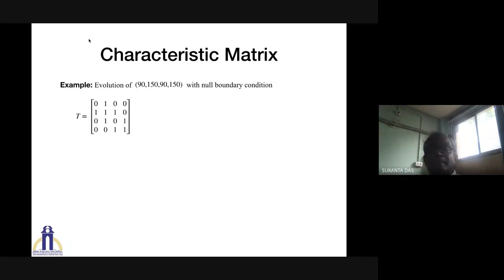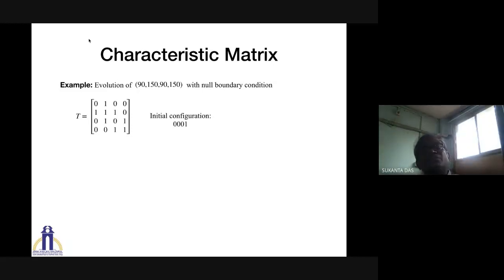So here, this is my T. Now you take any configuration. Here you note that if you take all zero as your initial configuration, meaning 0 0 0 0, what will happen? T into 0 is always 0. So in a linear CA, from 0 you always move to all 0, right?